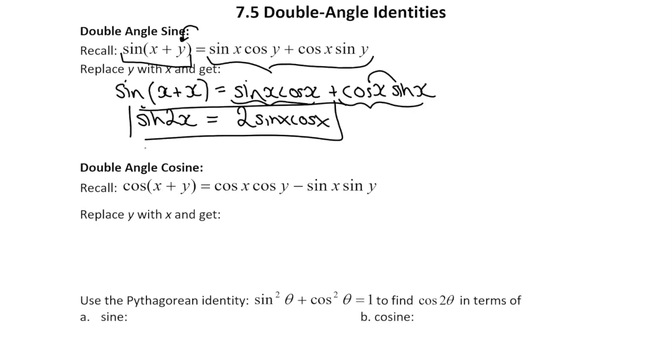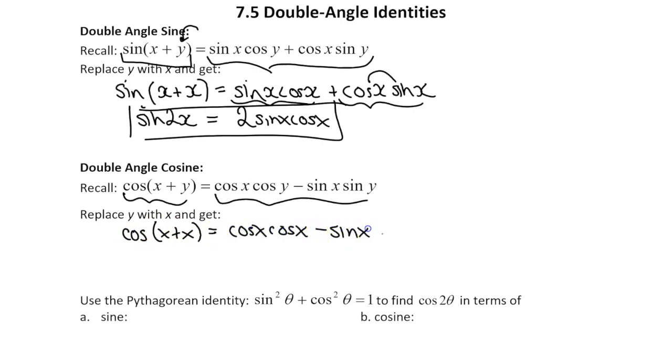Now, how would that work with cosine? Well, let's do the exact same process here with the cosine sum identity. We can remember what that expanded to. Once again, let's replace our y's with x's. If we do that, we could get cosine of x plus x, and it's going to equal something that would look like this.